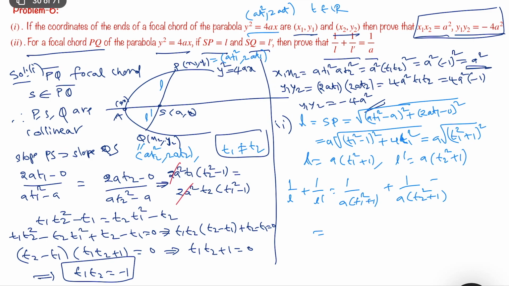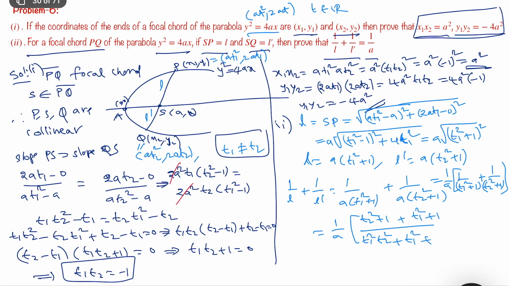Now if you take 1 by a out, then you will have 1 by t1 square plus 1 plus 1 by t2 square plus 1. Now if you cross multiply, t2 square plus 1 plus t1 square plus 1, by t1 square t2 square plus t1 square plus t2 square plus 1.